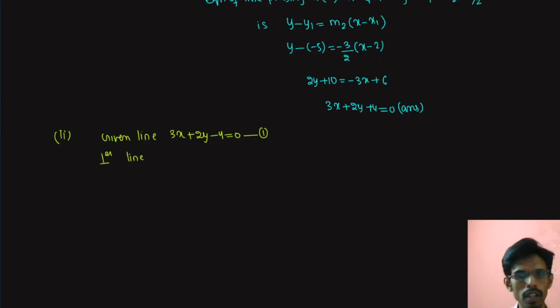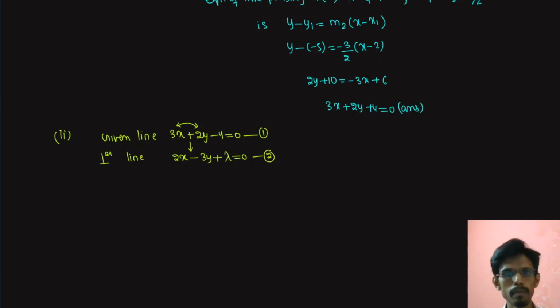Perpendicular line means just interchange the coefficients of x and y, so here I'll get 2x, here I'll get 3y, and put the opposite sign. 2x - 3y + λ = 0 will be the equation of the line perpendicular to equation 1.